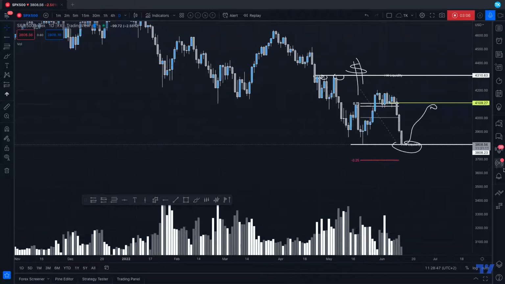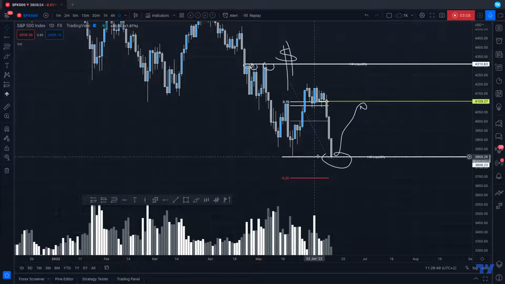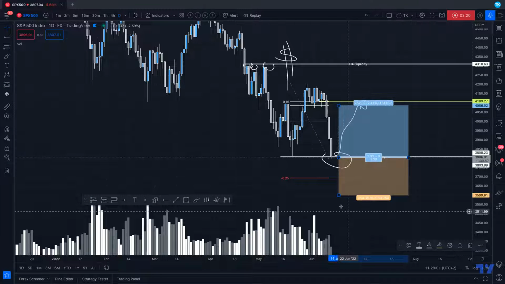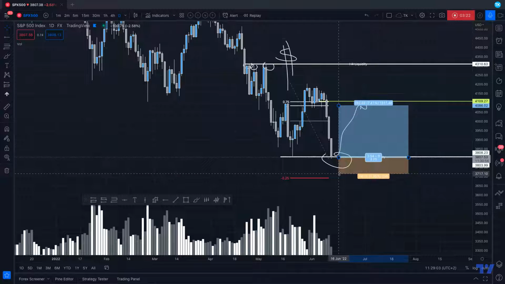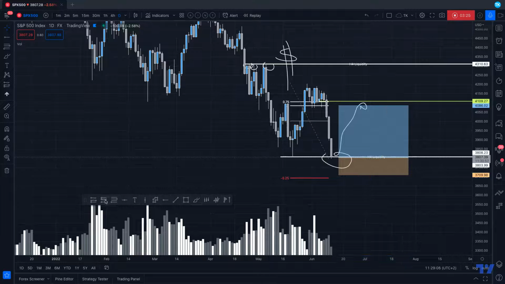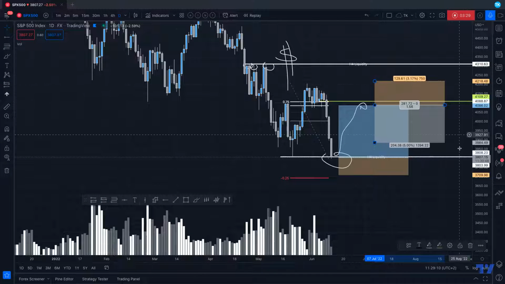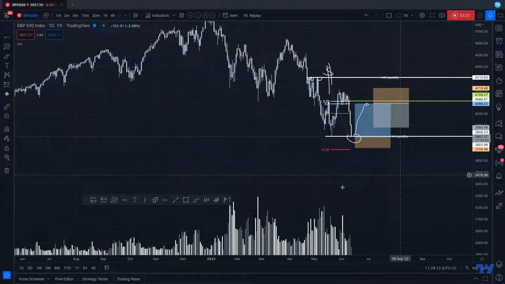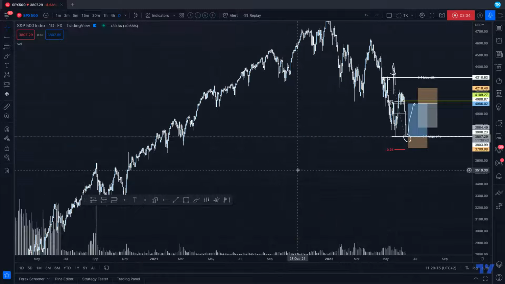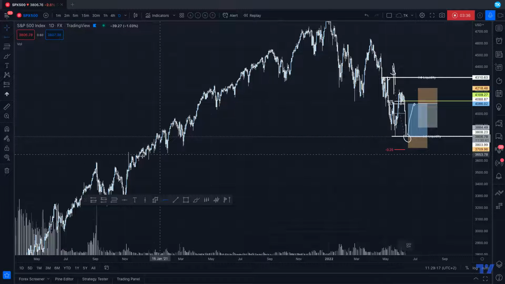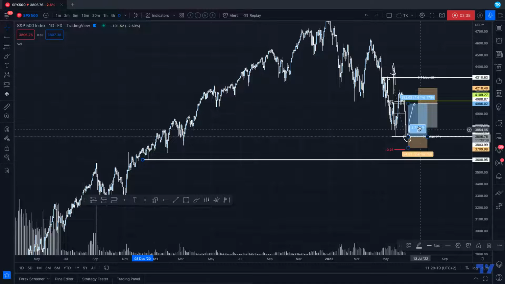Before going long, I want to see a closing below this liquidity. Okay, so basically there are two possibilities. This is one, with risk reward 1-3, and this is the second, with stop loss here, and the next target will probably be here.